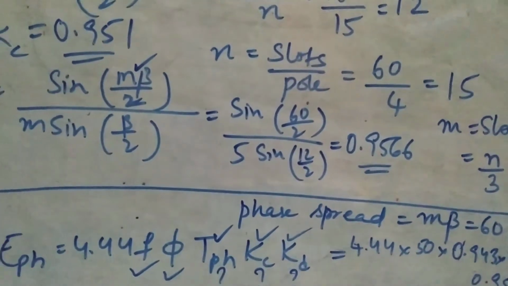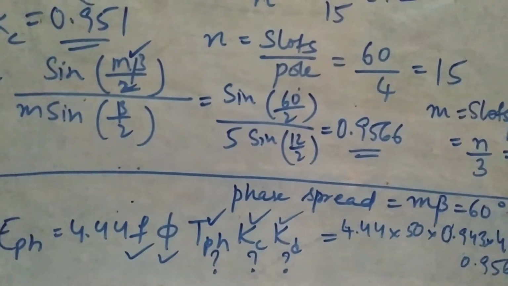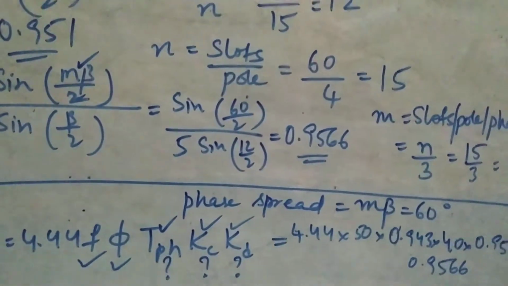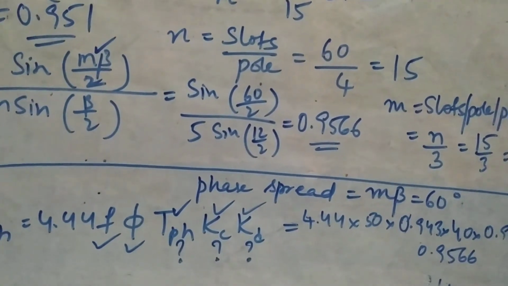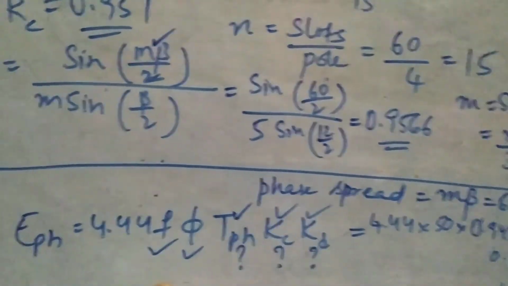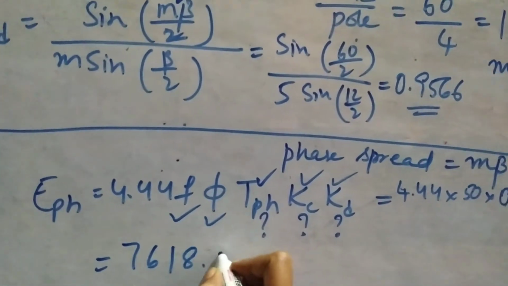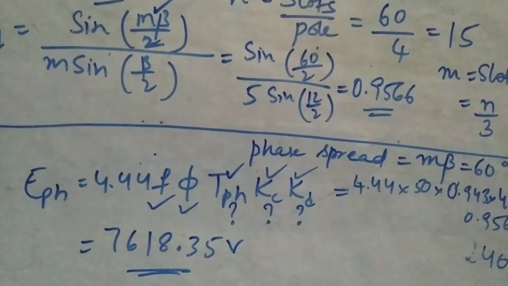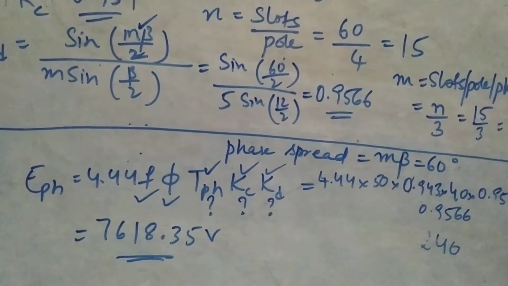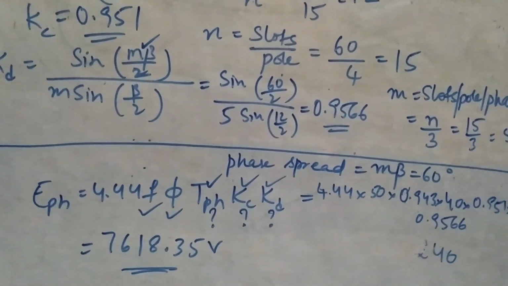The E phase value results with 7,618.35 volts. So that is the E phase. Once you find out the E phase, you can easily find out the line voltage by looking at which type of connection it is, star connection.